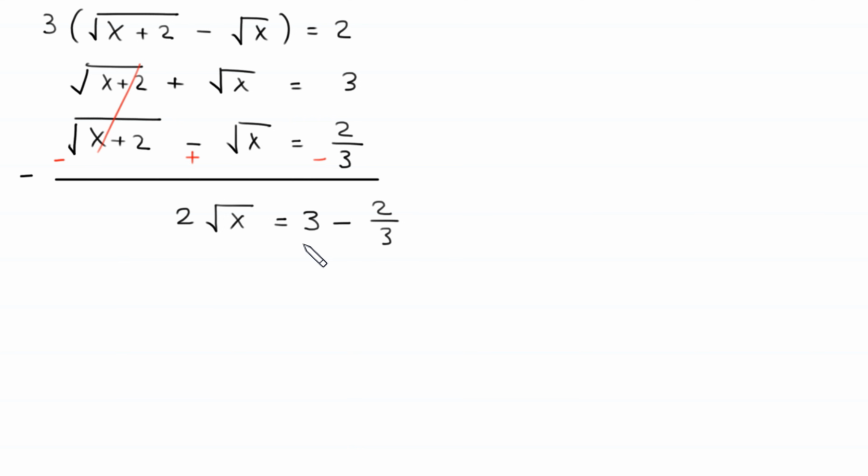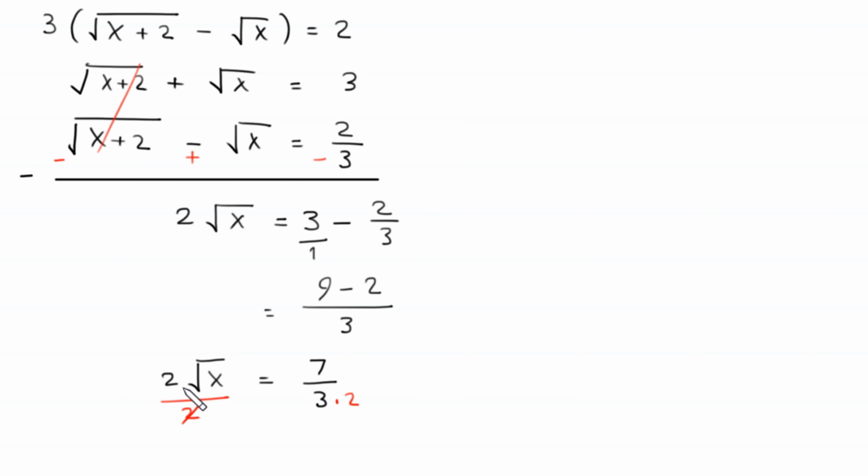Further simplify this one, we can write the denominator 1, and we take LCM. LCM of 1 and 3 is 3. 3 divided by 1 is 3. 3 times this 3 will become 9, minus 3 divided by 3 is 1, 1 times this 2, 2. So this will become 7 over 3. And at left hand side we have this expression 2 times root x, and we divide both sides by 2.